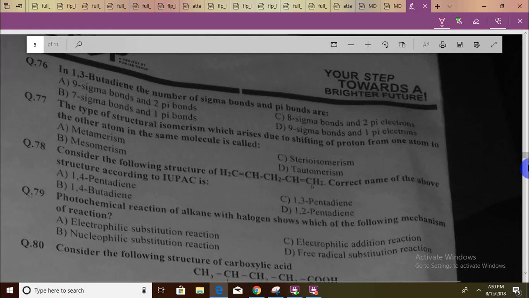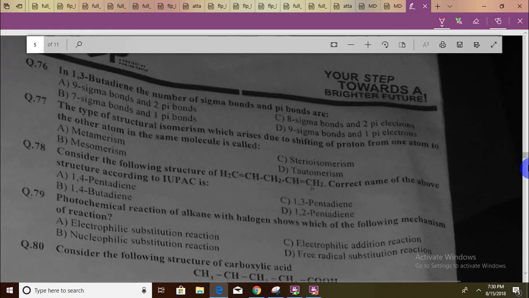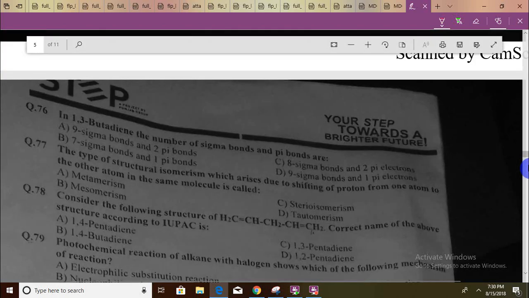Right, in 1,3-butadiene, the number of sigma bonds and the pi bonds, you need to draw the structure. Buta means 4, diene means that there are 2 double bonds, and 1,3 shows the position. So 1 over here and 1 over here.